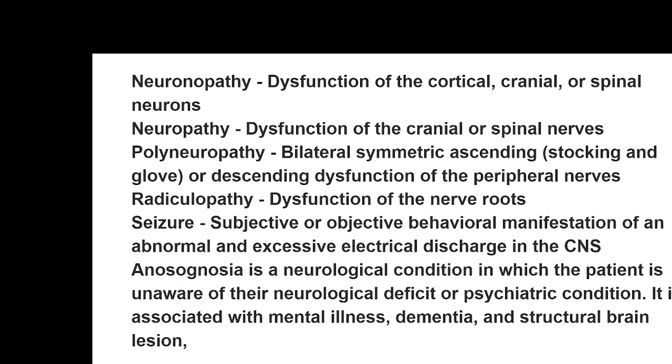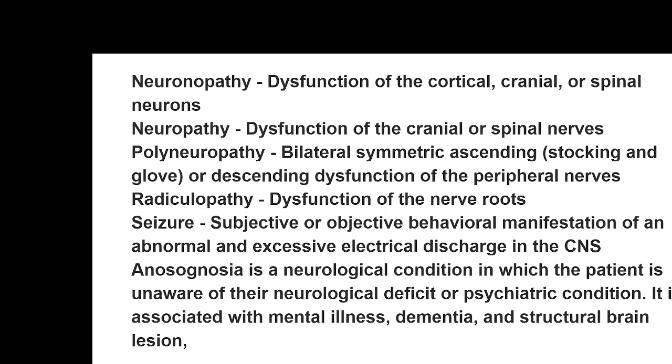So cortical or central neuropathology is often considered a neuronopathy, whereas neuropathy refers to the peripheral. Then polyneuropathy is a bilateral, symmetrical, ascending or descending dysfunction of the peripheral nerves, in a stocking and glove pattern. Radiculopathy is when the nerve roots are affected.